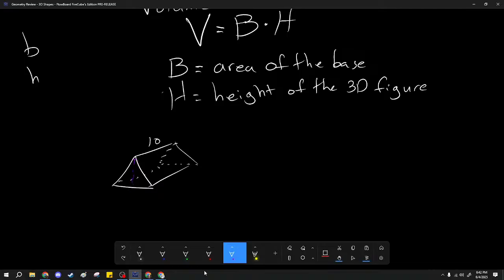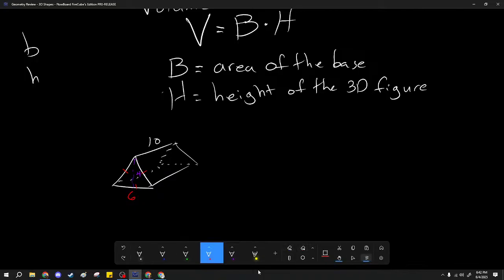This height here, I'm going to say is 4. And then all sides of my triangle are the same. Little dashes just mean they're equal. And I will say those side lengths are, I don't know, 6. I'm making up numbers.